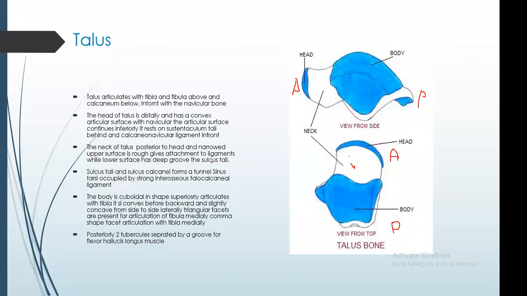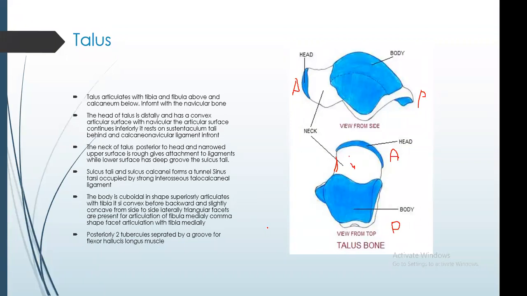The upper surface is rough, which gives attachment to the ligaments, while the lower surface has a deep groove. Just below this is a deep groove here called the sulcus tali. Sulcus tali and sulcus calcanei form a tunnel, the sinus tarsi, occupied by the strong interosseous talocalcaneal ligament.